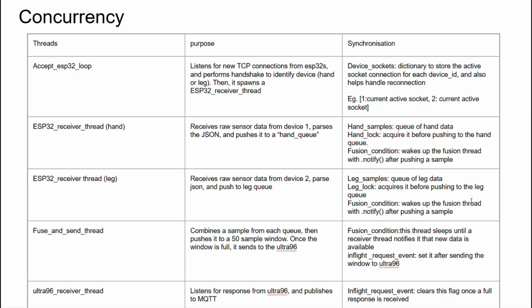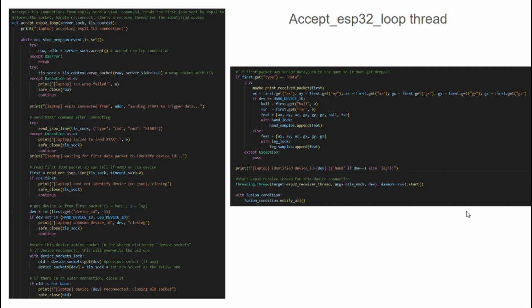This table is a summary of the codes that run concurrently. First, the ESP32 loop thread will continuously listen for incoming ESP32 TLS connections. When a device connects, it will send a start command, and the ESP32 will send a hello packet with the device ID.